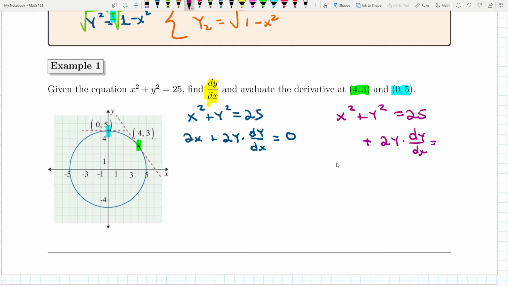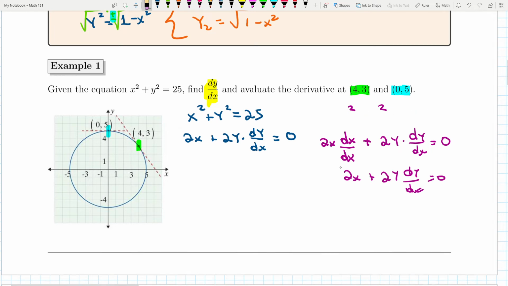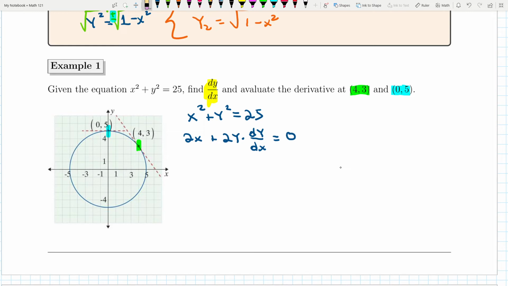Now what if we wanted to do the same for x? Well, 2x times dx/dx, but x changes with respect to itself. What happens with dx over dx? Doesn't that reduce to 1? 1 times 2x, that's 2x. So 2x plus 2y dy/dx equals 0. That's another way to explain why we multiply by dy/dx when we differentiate a y, and not when we differentiate an x.